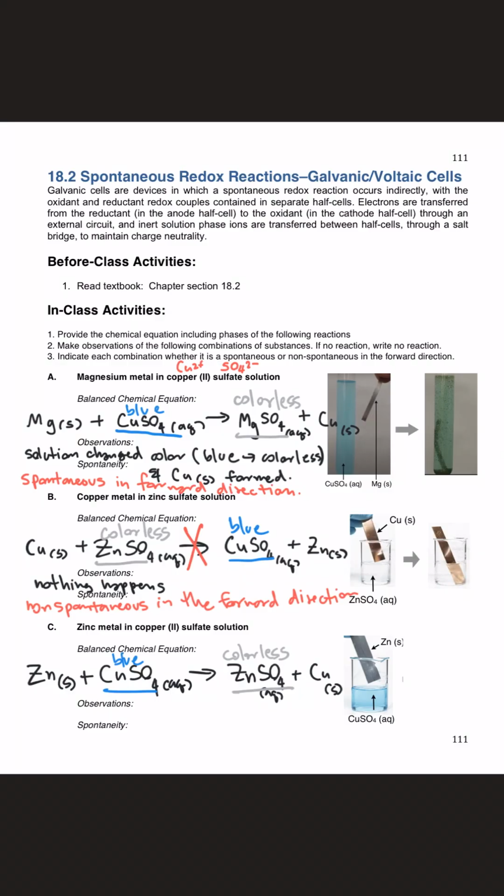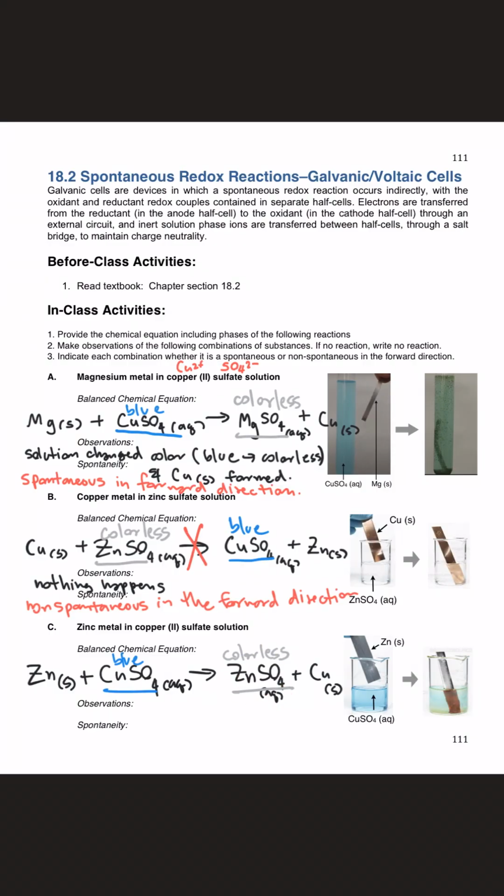Okay, so now let's take a look at the observation here. Once you dip the zinc strip into copper sulfate, you will see that the zinc strip changes color into a copper color, and you see that the color of the solution becomes lighter blue, right? So in this case, we see that the blue color of copper sulfate becomes lighter blue because they are forming more of the zinc sulfate.